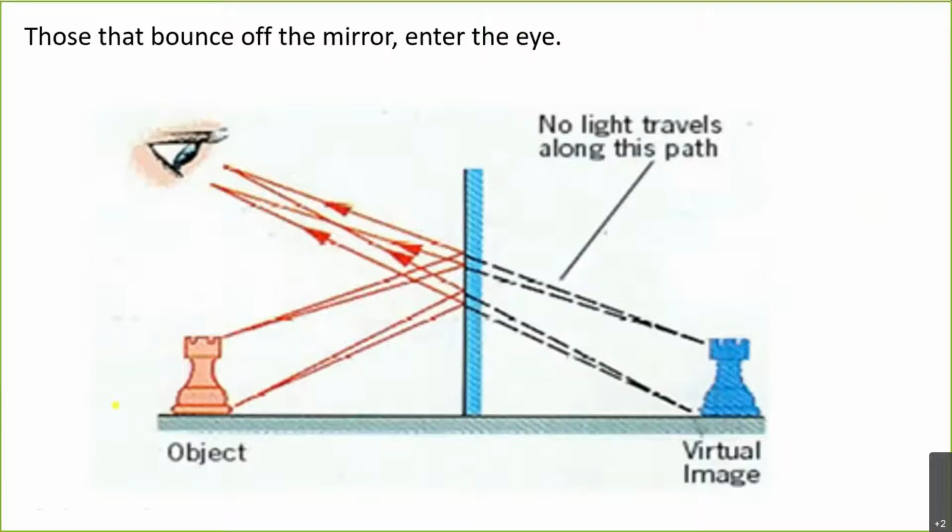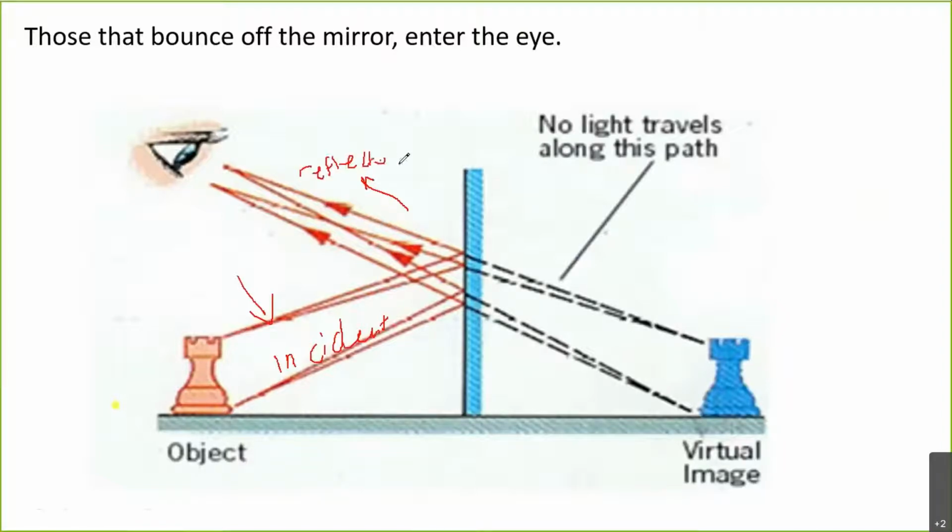Okay, here we go. So these are our incident rays, we call them, the ones that actually strike the mirror, and then when they bounce back, these are our reflected rays.